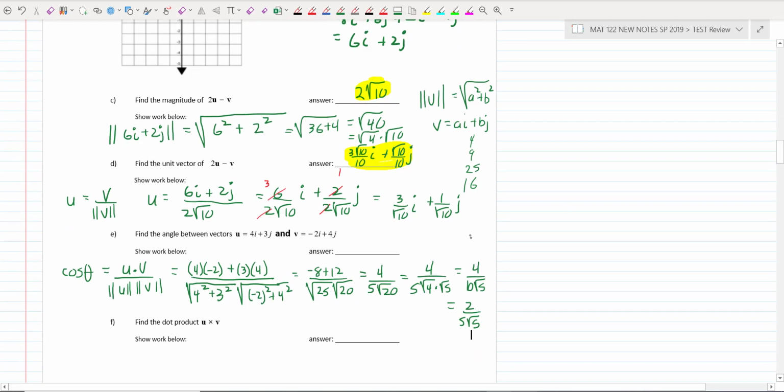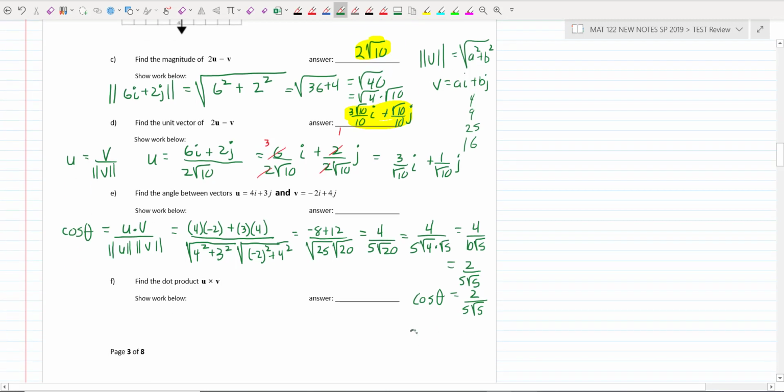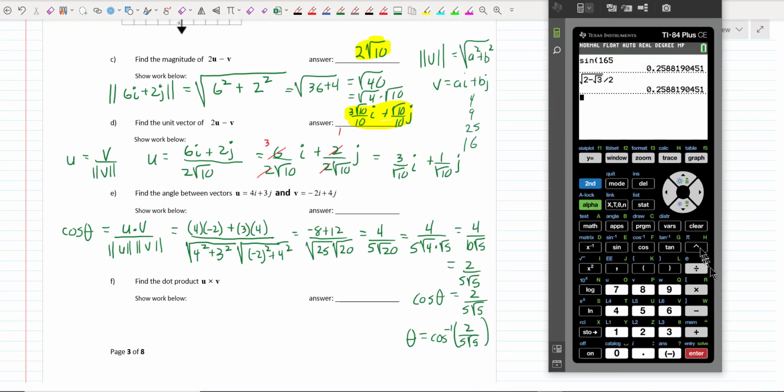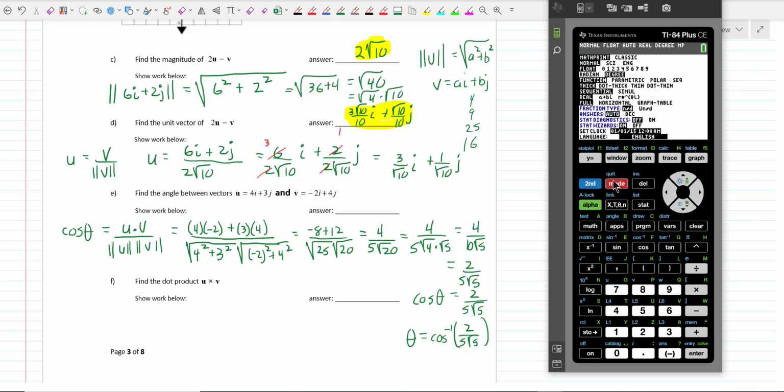Now, since we have cosine theta equal to 2 over 5 root 5, theta is the inverse cosine of 2 over 5 root 5. You want to make sure that you put that in your calculator right. There's one little feature that students tend to mess up. Make sure you're in degree mode. Then you go inverse cosine of 2.